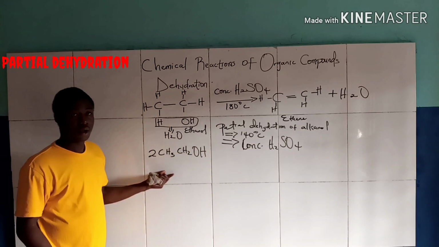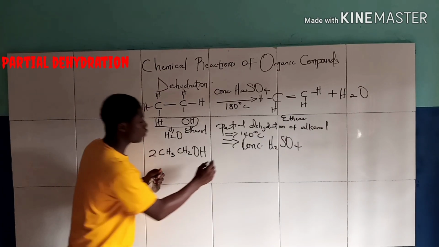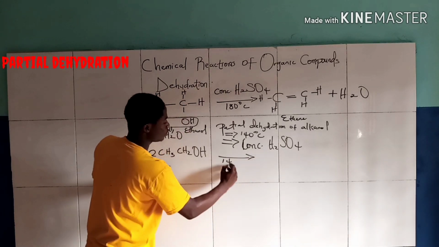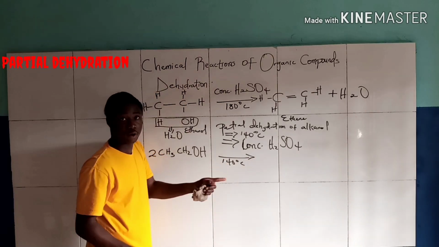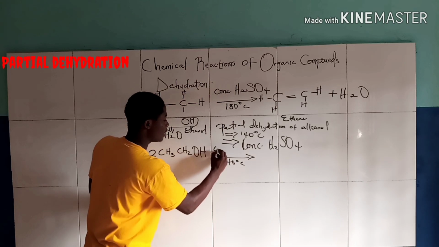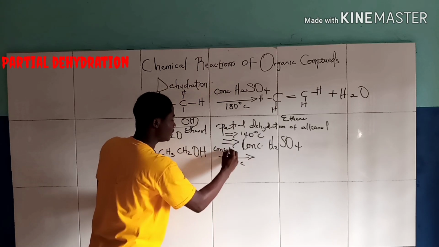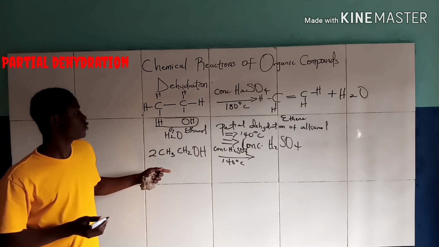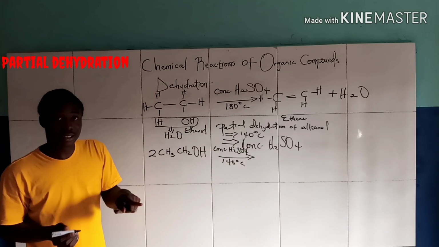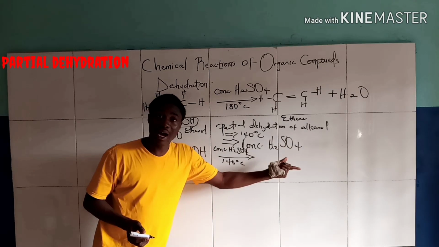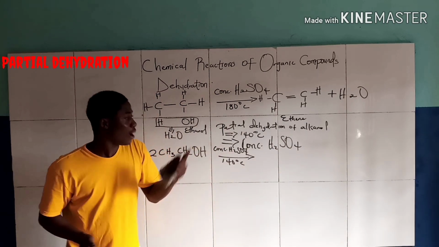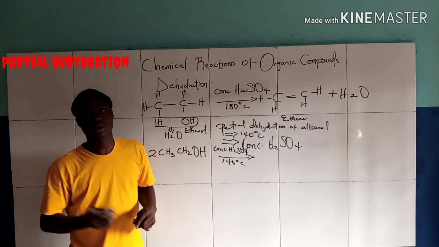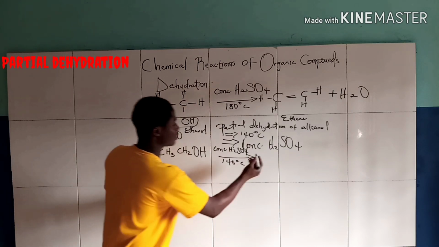When ethanol undergoes partial dehydration, the temperature here will be 140 degrees centigrade, and still the same dehydrating agent, which is concentrated sulfuric acid. So what we are going to get is an alkoxy alkane, also called an ether, with still the elimination of what? Water. So we get this as our product.